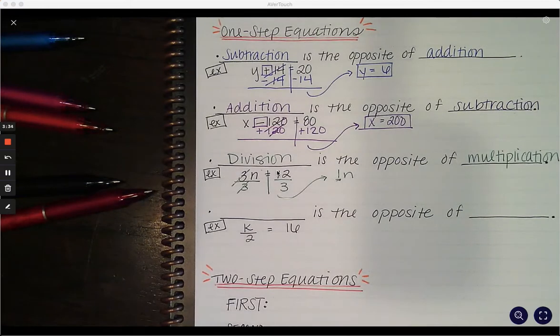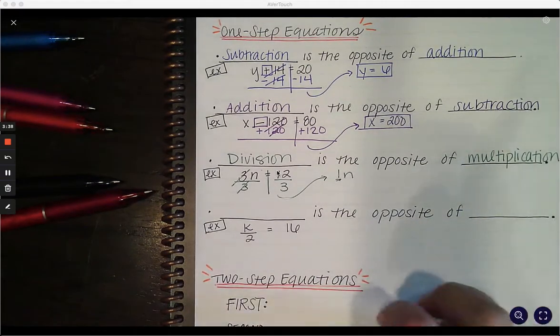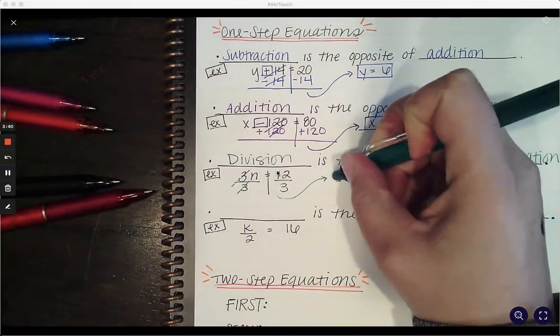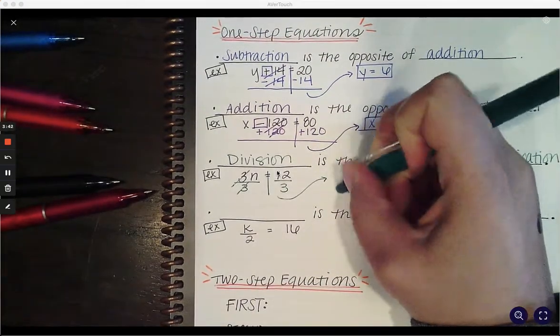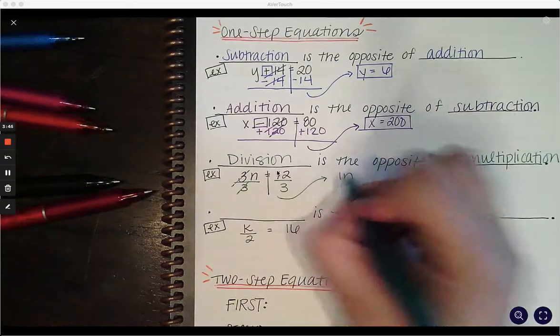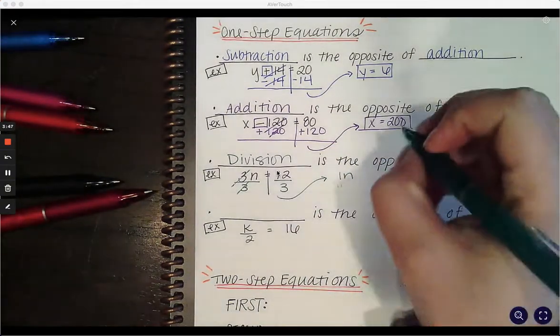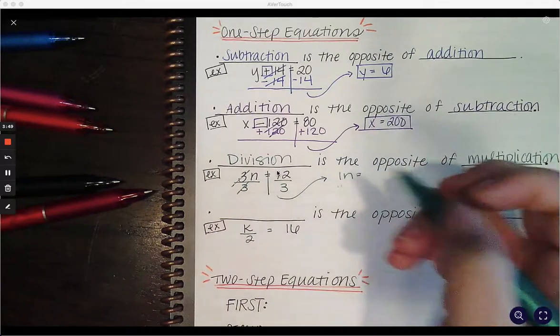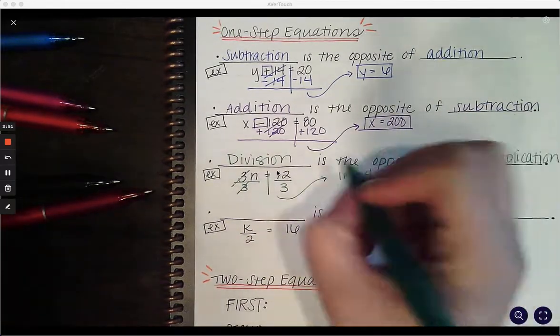Okay, we don't have to write it there. We can if we want, but it's understood, so you can actually erase it. You don't need it there, but we do know that there is a 1. Okay, so I'll just leave it there, I guess. Equals 12 divided by 3, which is 4.